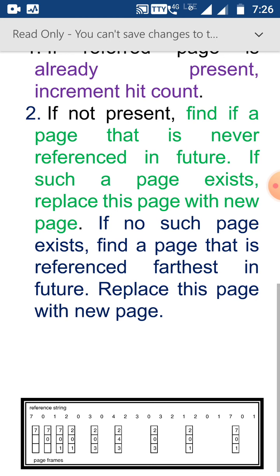But there are some advantages and disadvantages. The advantage is that the number of page faults is reduced the most, but the execution time may be increased, because execution time means the time between job submission and job completion.